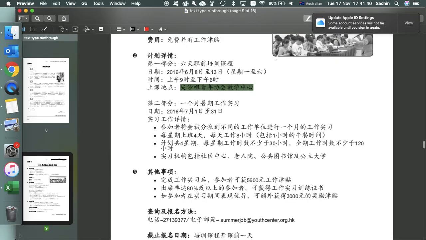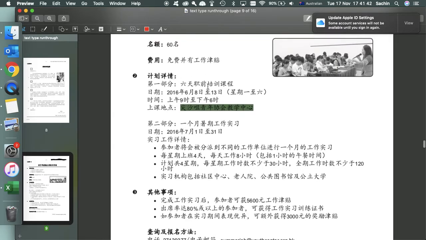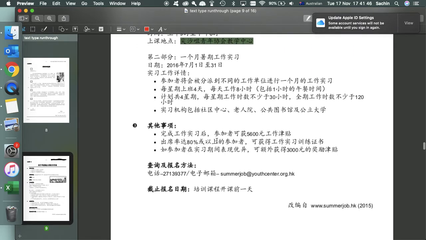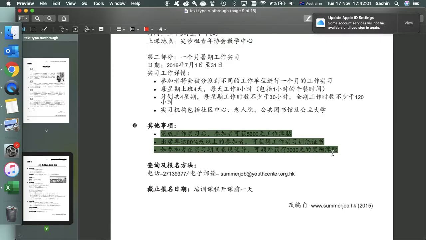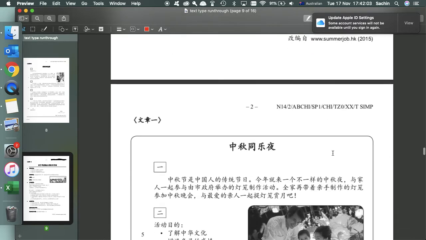In this case, they've gone complex and split the event into two parts, so they've repeated these details again. Then they've got stuff like contacting, so how can someone contact you to participate in this activity? They've got a deadline, and then some extra details for participants about the activity.